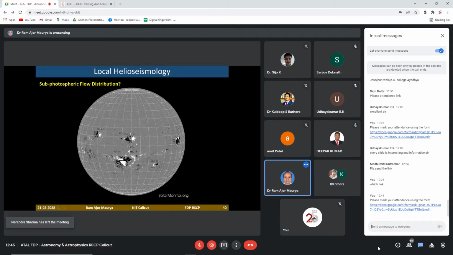Here we have, let's say this is the sun, and from the sun we have the radiation outward. When the radiation from the sun propagates outward, then it interacts with its atmosphere, and when it enters the earth atmosphere, there also it interacts with the earth atmospheric particles.